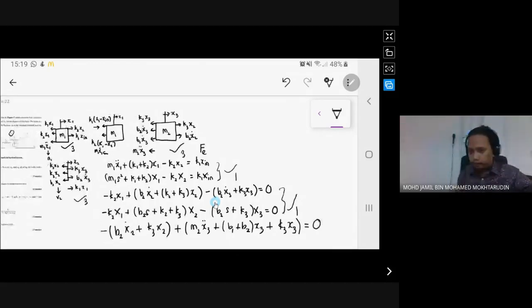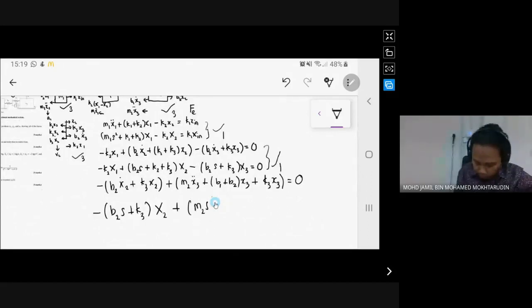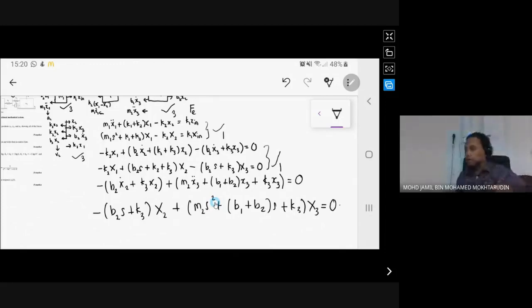And then you can write this in terms of frequency. So minus B2S plus K3 X2 plus M2S square plus B1 plus B2S plus K3 X3. Okay, so here also 1 mark.